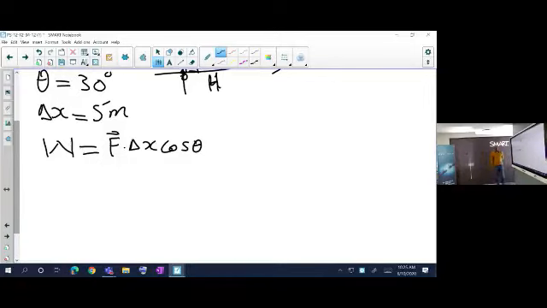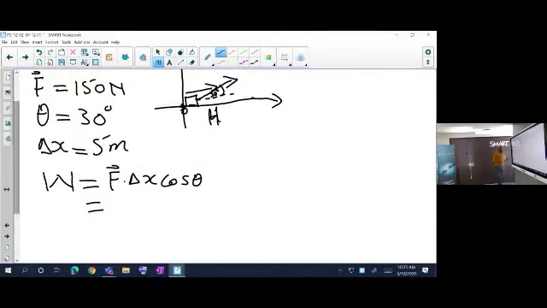We have been given the force and the displacement. What I need you to do is to substitute all the given information into this equation. We have 150 in Newton.